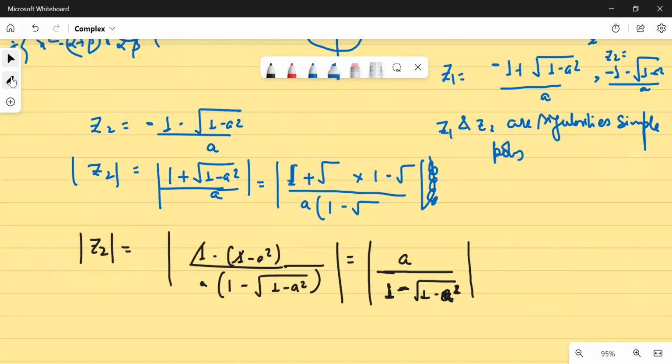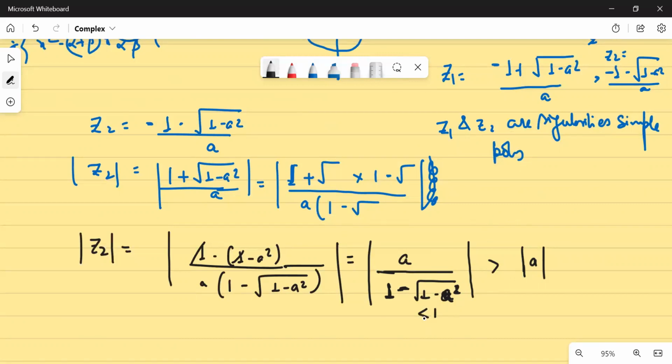So I am getting z2. I am dividing a by something less than 1. Are you getting my point? You are saying the denominator is something less than 1, yes or no? So z2 would be greater than mod a, since the denominator is less than 1.